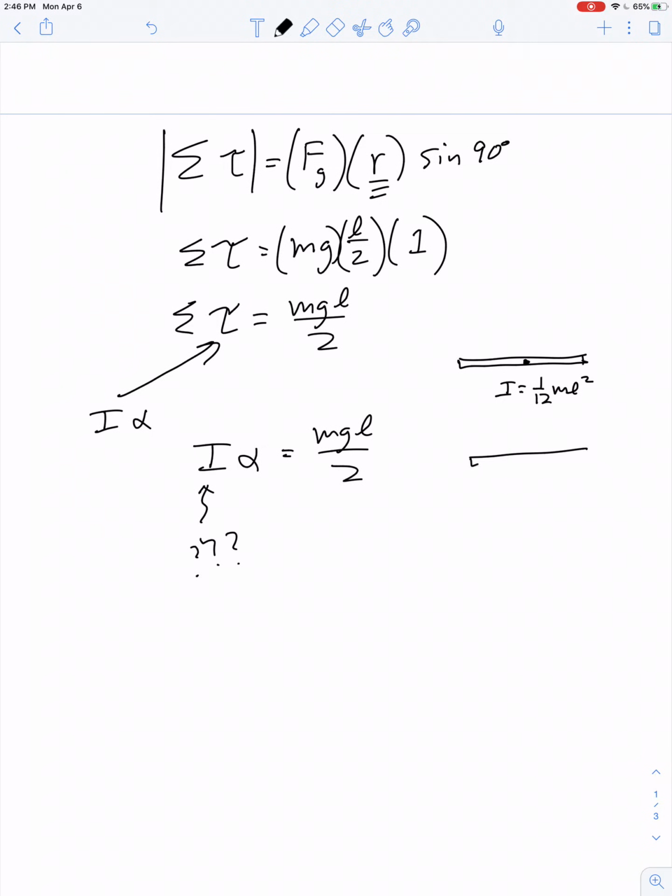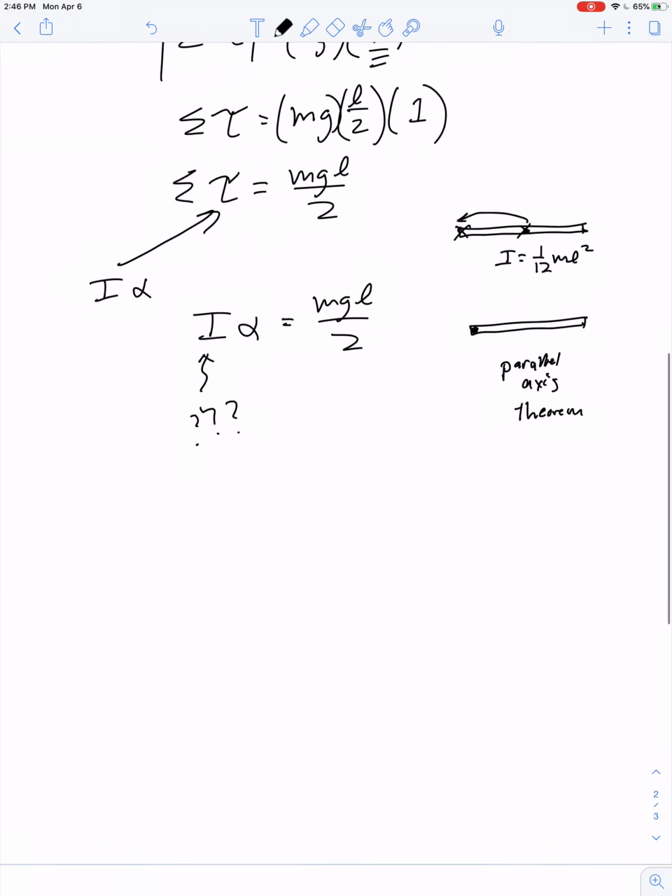But when a beam is rotated about its endpoint, you can find this, by the way, using the parallel axis theorem. If you've never used the parallel axis theorem to identify how the rotational inertia changes when the axis is moved from its center to some other point, I recommend you review some of my previous videos and give yourself a refresher on that one.